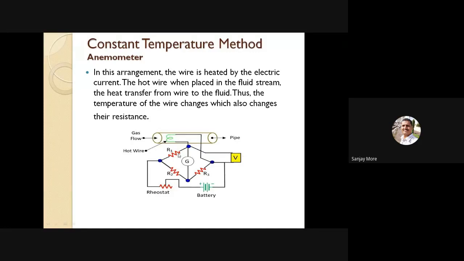So in this arrangement, the hot wire is heated with the help of electric current, and this hot wire is placed in the fluid stream to transfer heat from wire to fluid. Then the temperature of the wire changes up and down, which also changes the resistance.